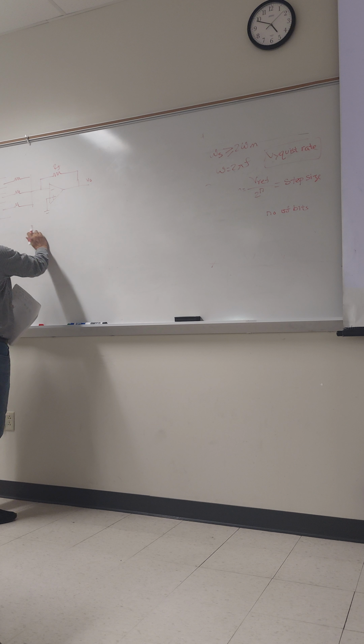So this FSO is actually 2 to the power n minus 1 times step size. Or we can say step size equals full scale output voltage divided by 2 to the power n minus 1. So these are a few equations we can keep in mind so that we can solve our problems.